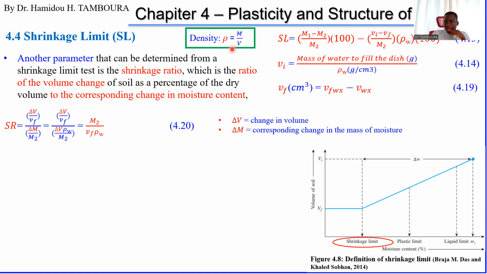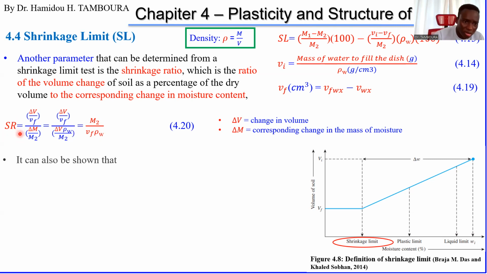So at the end, we can obtain this very simplified formula: M2 divided by VF, multiplied by the density of water. That is the shrinkage ratio.